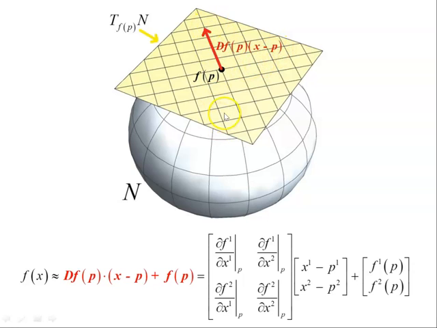This is now a two-dimensional case, in the case of two variables. So we have this vector now, and f of x is approximately df of P dot x minus P, the matrix times the column vector x minus P, plus f of P, this object here, as we saw earlier.